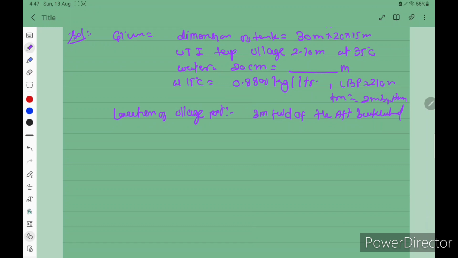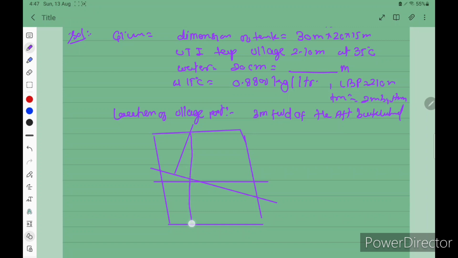So let's make the diagram. A vessel, trim by stern. Measured by UTI, the tank is on the main deck, so the top of the tank is the reference, and the ullage will come here.